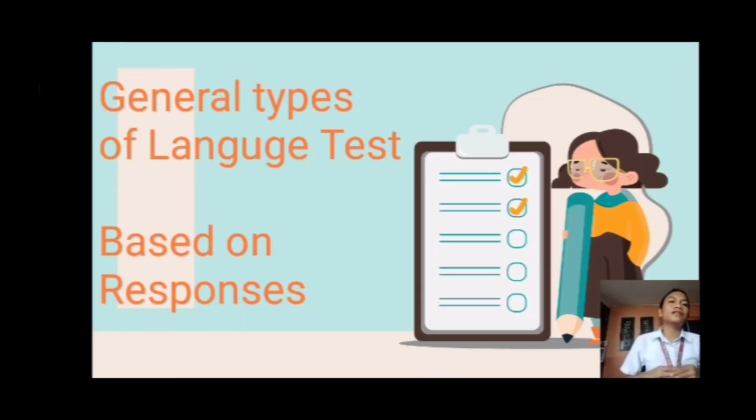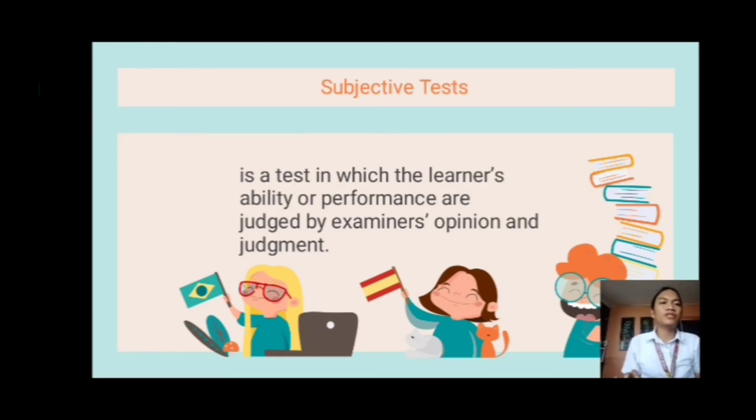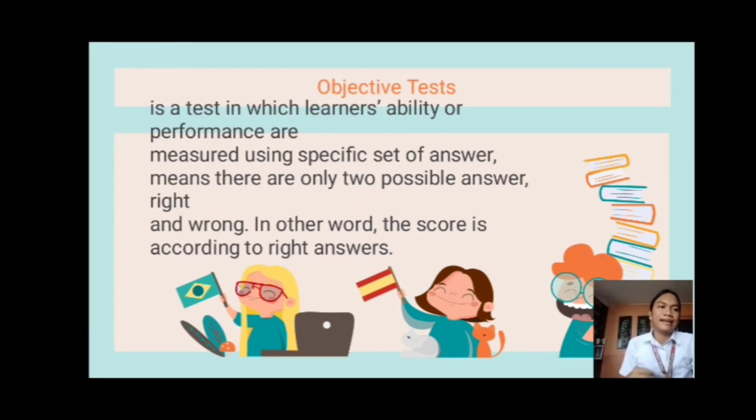The next topic is all about general types of language tests based on responses. The first one is subjective tests. It is a test in which learners' ability or performance is judged by examiners' opinion and judgment. For examples, essays and reflection papers. And lastly, objective tests.